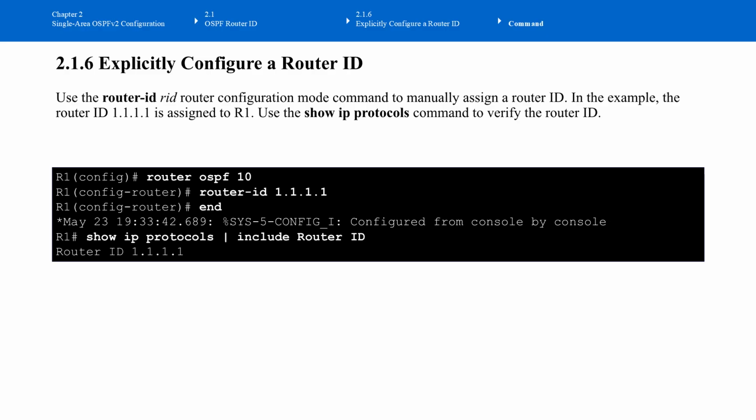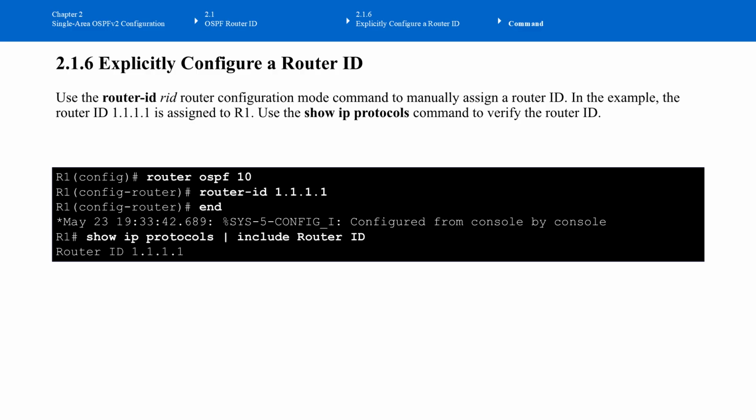Use the router-id command in router configuration mode. We can manually assign a router's ID. For example, as shown here, in the global configuration mode for R1, you enter router ospf 10. Now we enter into the router configuration mode.